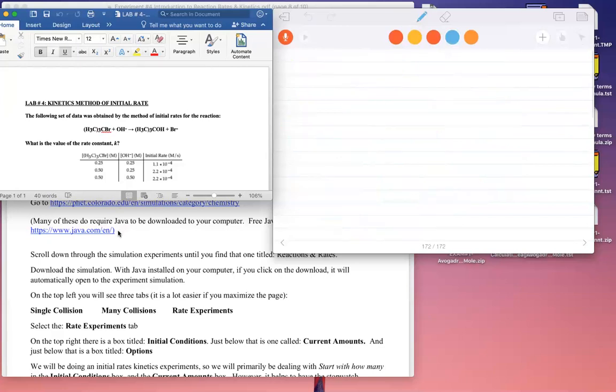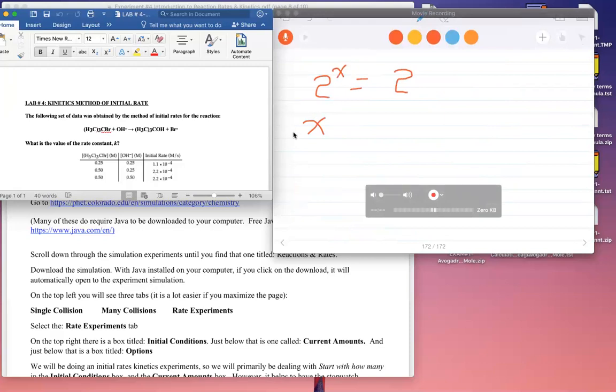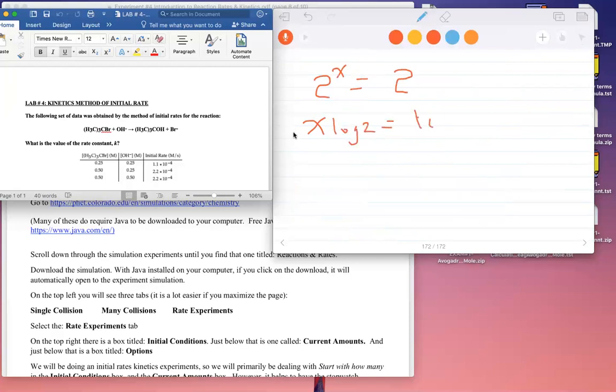But in the event that you want to do algebra, you have 2 raised to X equals 2. You take the logarithm of both sides, bringing the X down: X log 2 equals log 2.